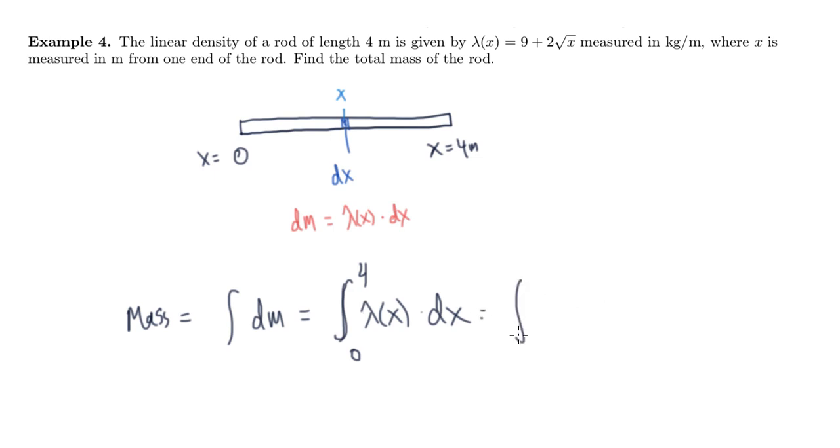Okay, so this is just the integral from 0 to 4 of 9 plus 2 root x. Okay, and then we just take an antiderivative, so 9x, and then plus 1 over root x. Okay, and then we need to evaluate that, of course, from what to what?